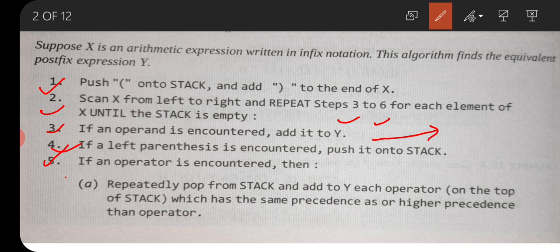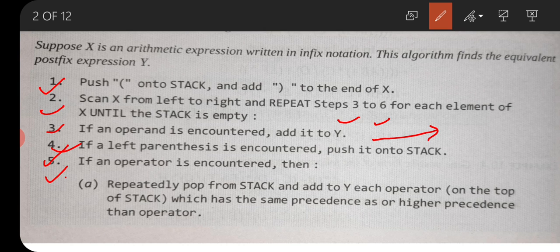Now, if we get a left parenthesis, then we have to push it into the stack, not into the expression y. Now, in the fifth step, if an operator is encountered, then, this is all about reading the operand and parenthesis.